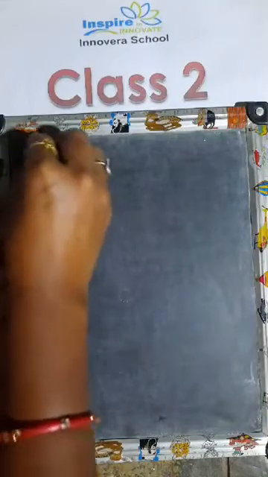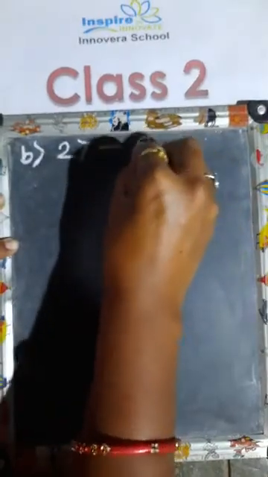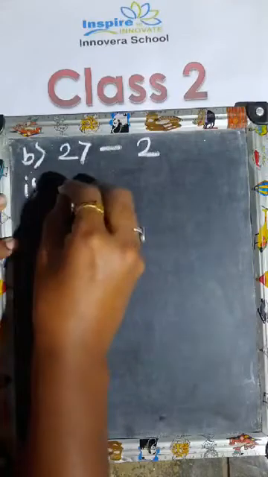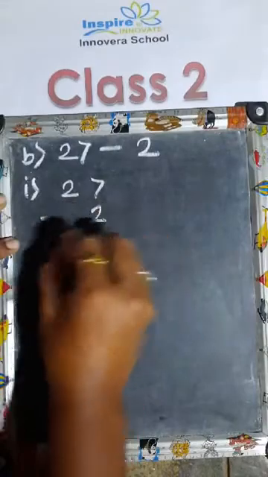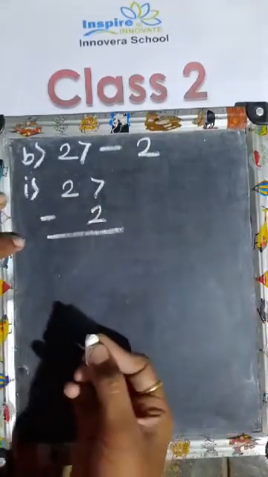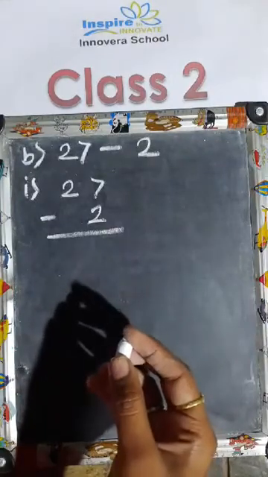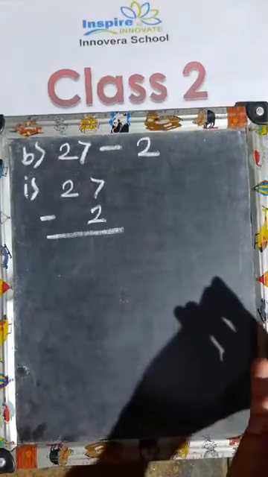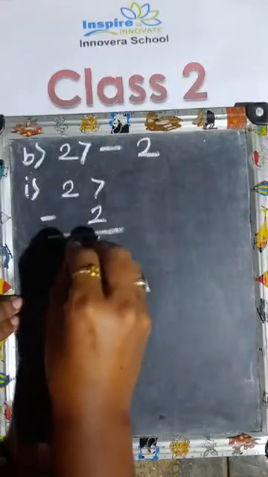This is B. What will we take? 27 minus 2. In option 1 it is given 27 minus 2 is equal to, 7 minus 2 is equal to 5 and 2 comes as it is.